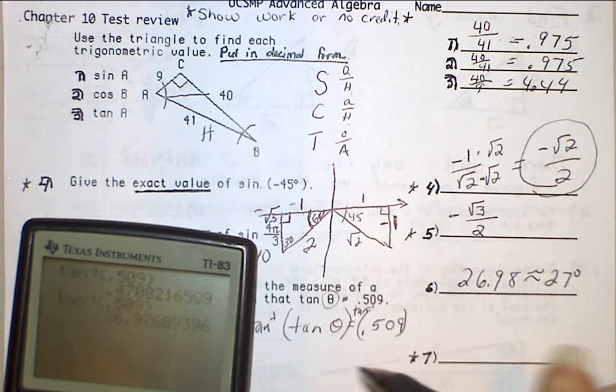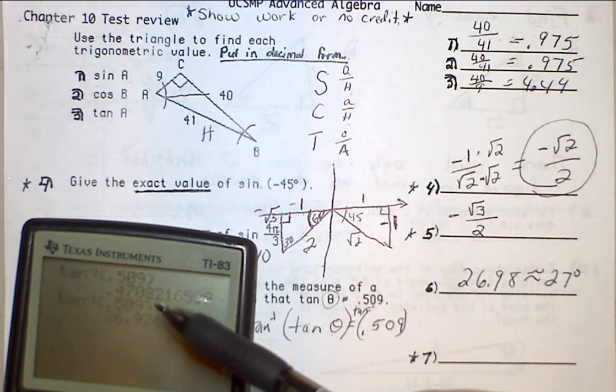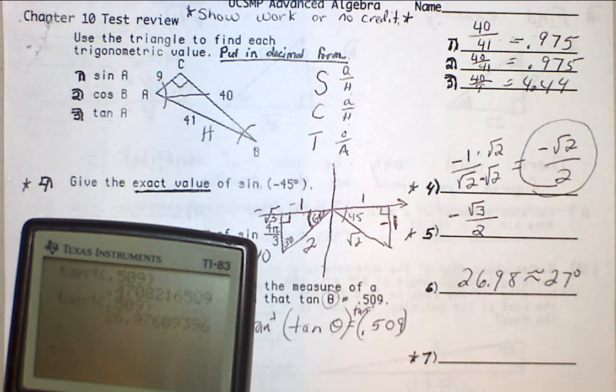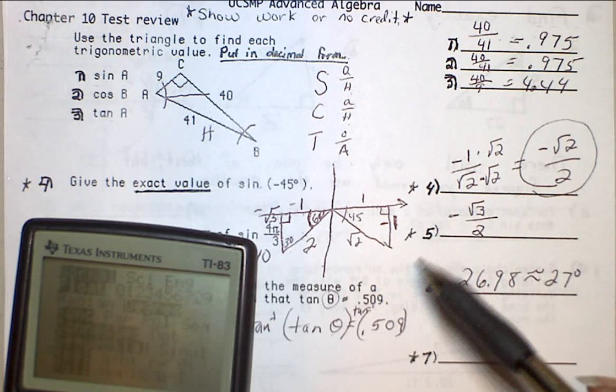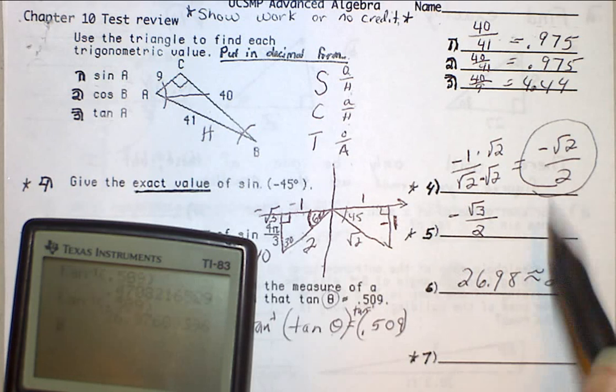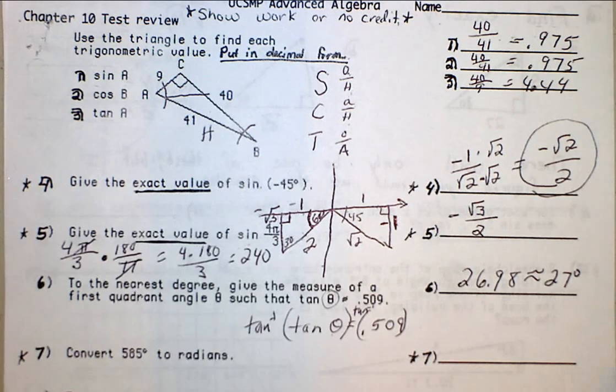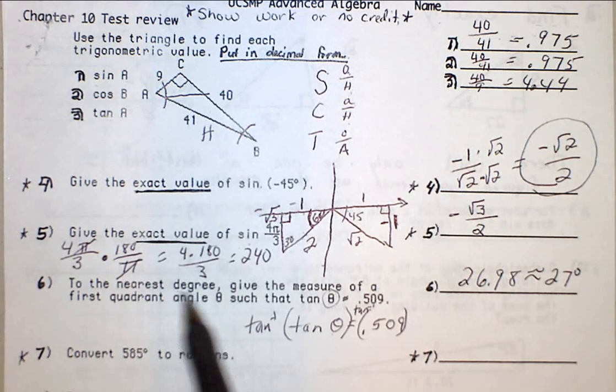The first time, I don't know if you noticed, I got 0.47, and I was like, that doesn't look like an angle. So you want to make sure you always check your mode, because I was in radian, but I needed to be in degree. So that is my answer. And it does say degree right there.